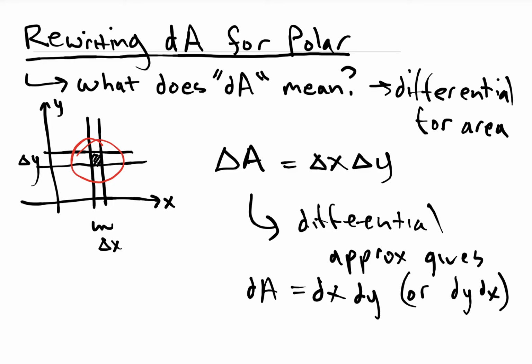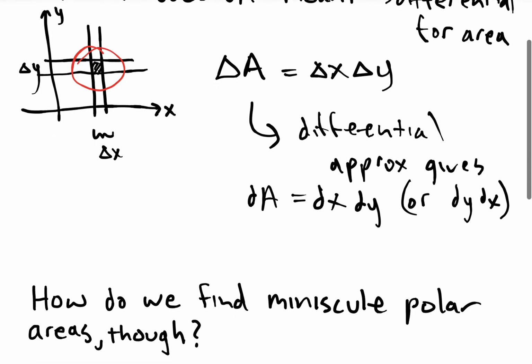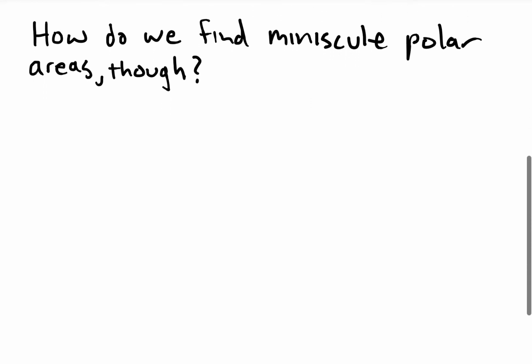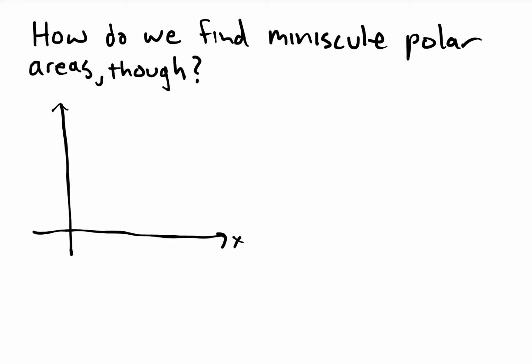Now, polar, on the other hand, how do we find these minuscule polar areas? If I've got some minuscule change in area that results from changing around my polar coordinates, how did I get that? My minuscule changes in area arise in a slightly different manner.